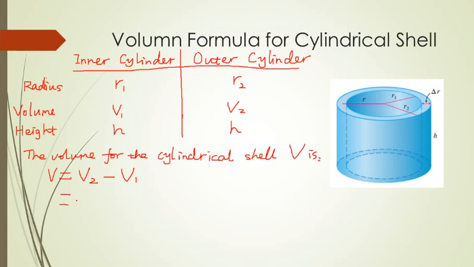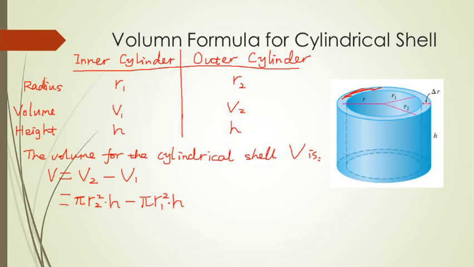So the outer cylinder's volume is pi, the base circle area, times the height, minus the volume of the small inner cylinder. It's pretty easy to express the volume of the cylindrical shell, which means this part.